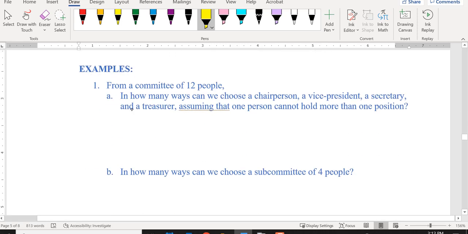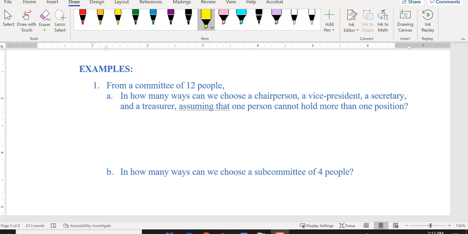All right, some examples. From a committee of 12 people, in how many ways can we choose a chairperson, a vice president, a secretary, and a treasurer, assuming that one person cannot hold more than one position?